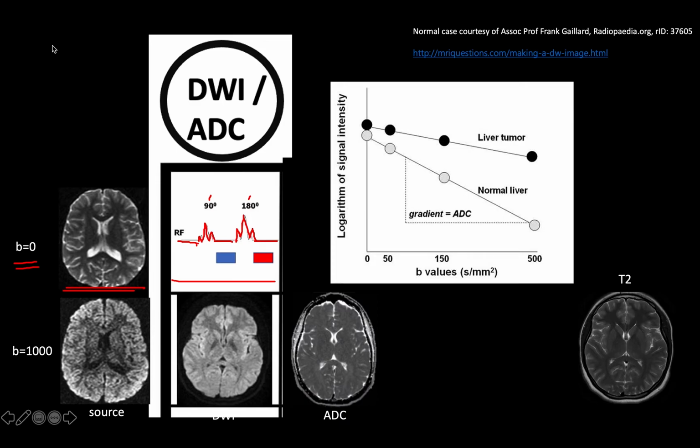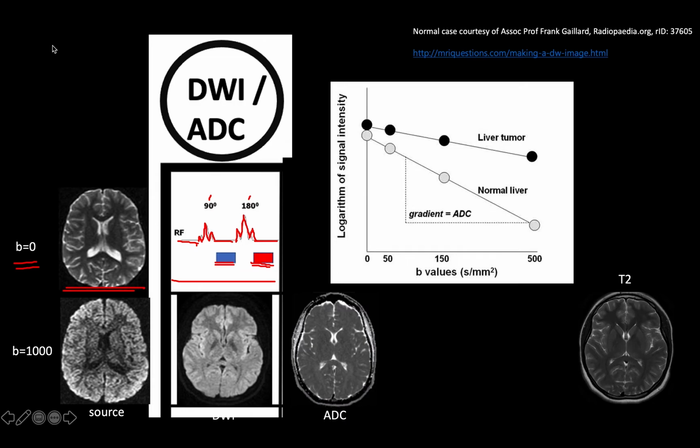The DWI is actually a spin echo sequence, a 90 and 180, but with a twist. You can think of this modification as firing two additional gradients, this blue and this red. The blue one is given after the 90. The red one is given after the 180.